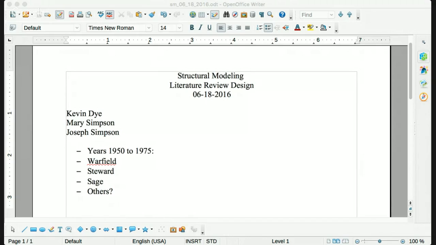And after 1975, or around 1975, actually 72 to about 80, Warfield further defined the mathematics of the Boolean switching theory as it would apply to almost any general relationship.